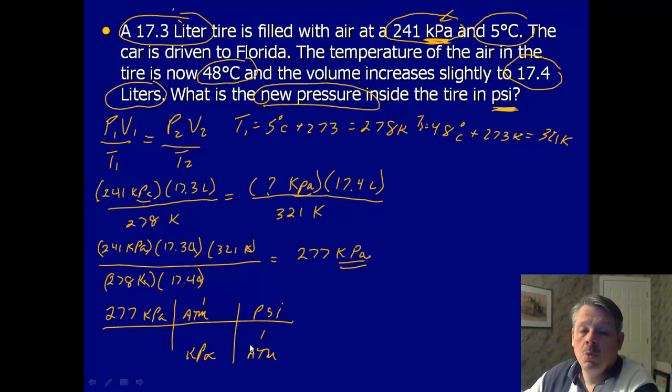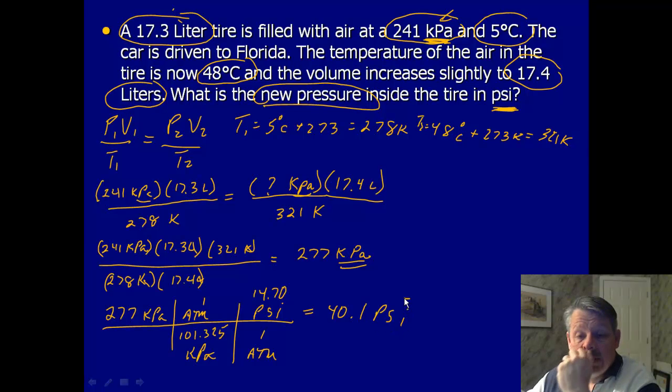And 1 atmosphere is 101.325 kPa, and 1 atmosphere is 14.70 psi. When we do the math, we get 40.1 psi.